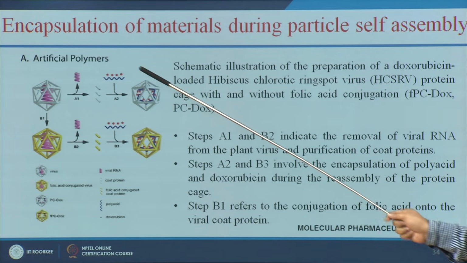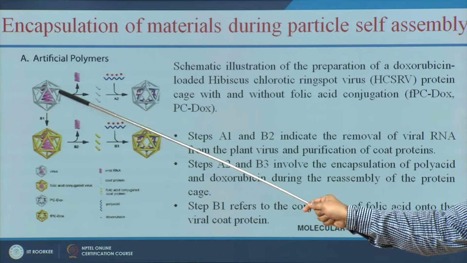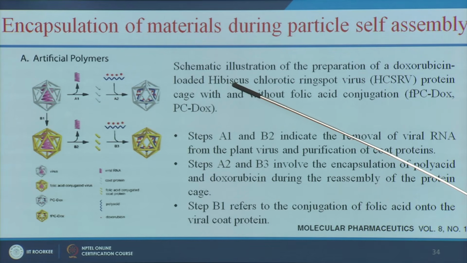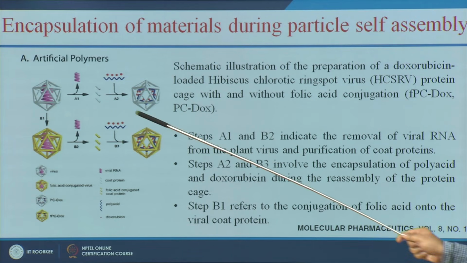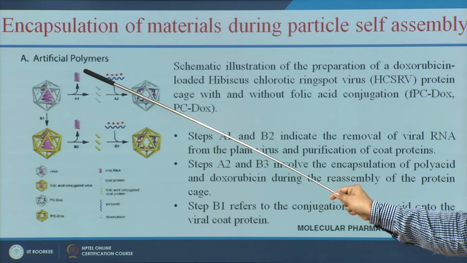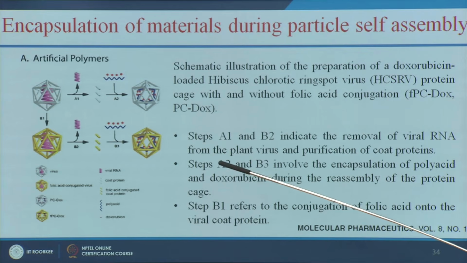So here we can see how we can encapsulate the materials during particle self assembly. As I told you earlier, we can take the plant virus, for example hibiscus ring spot virus, okay. The first step is you have to remove the nucleic acid from this virus. The second step is you have to encapsulate the polyacid and doxorubicin.